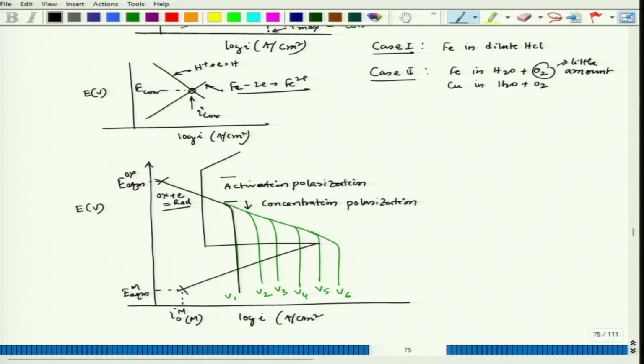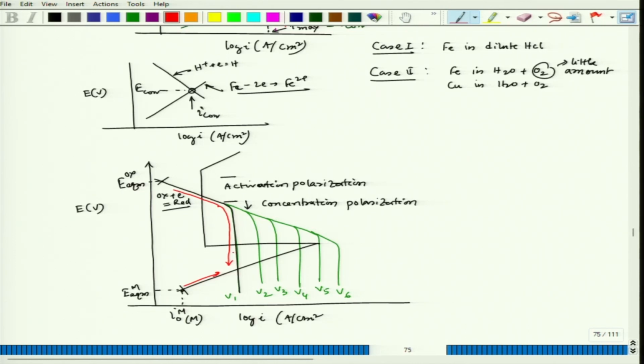They will try to reach an in-between potential where the rate of cathodic reaction is equal to the rate of anodic reaction. Initially this was bare metal, no oxides or passive layer, so the metal polarization would start along this line, and the cathodic polarization line along this line, when the velocity was v1.